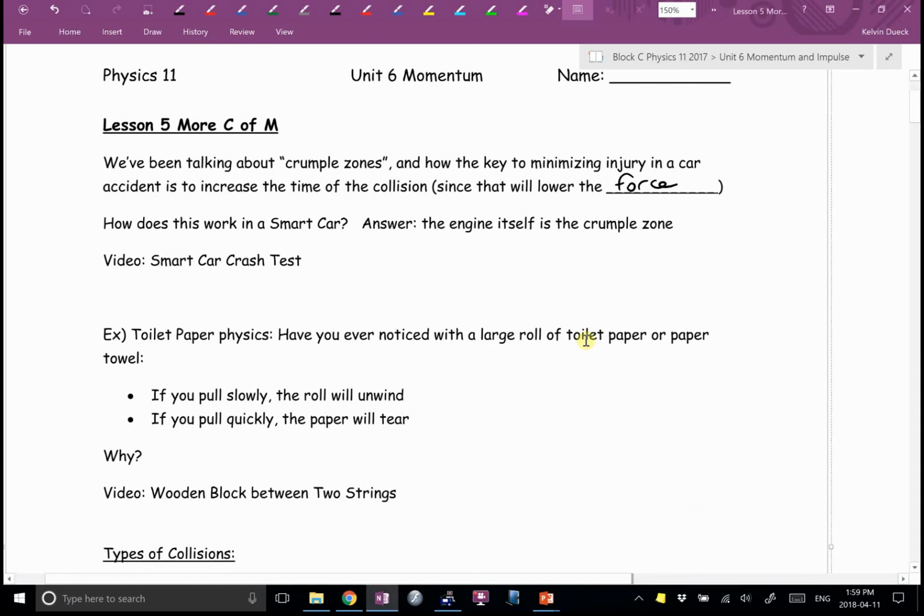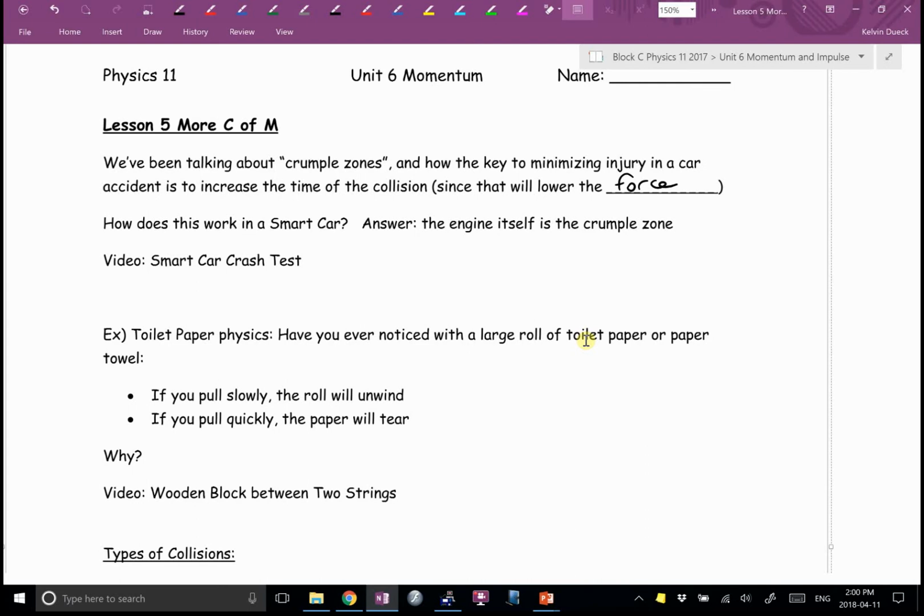There's physics everywhere, even when you're in the bathroom. You may have noticed in the bathrooms, they have these massive toilet paper rolls, especially in public washrooms, the big long ones. And you may have noticed, and if not, you can try and notice them the next time, especially when there's a lot of paper on the roll. If you tug very slowly and gently, the roll will unwind.